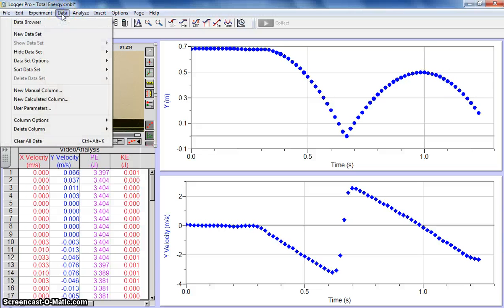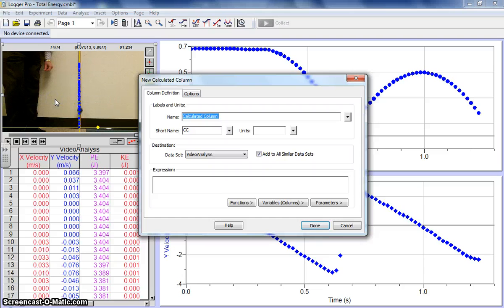And the last one I'm going to do, I'm going to do a third calculated column, and this one is going to be total energy. Units for that will also be joules.